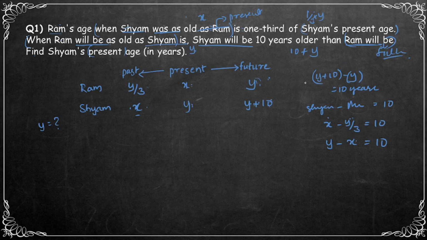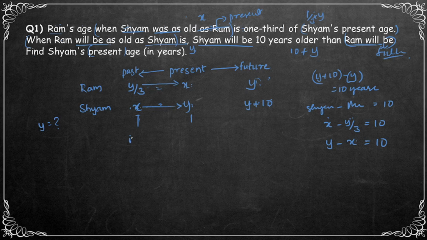The second approach of forming equations would be like this. So between 2 events, the increase in ages for people should be same. That means if Shyam has grown for 2 years, Ram should have also grown for 2 years.